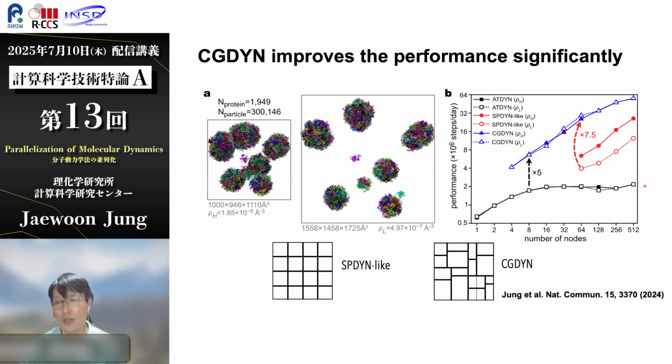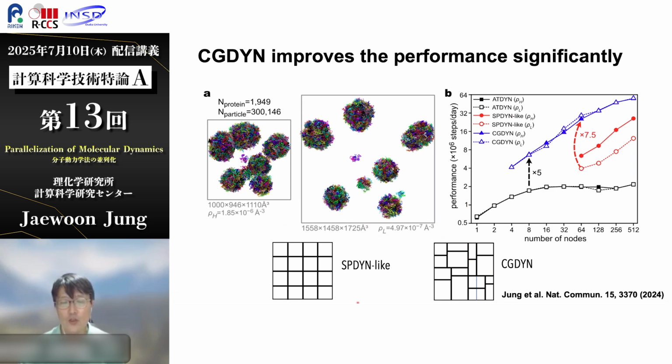If we see the performance on Fugaku, here SP8 is the simple parallelization scheme using the replicated method. And here SP9 is the uniform domain decomposition with the same domain size. And in our CG9, we assign a different domain size to obtain a similar number of particles in each domain.